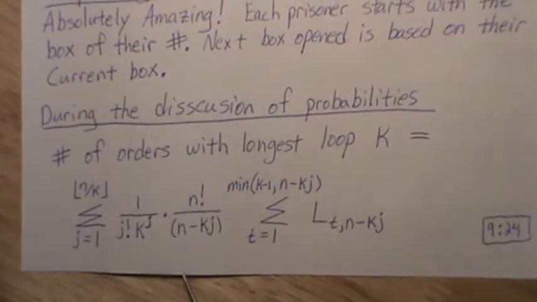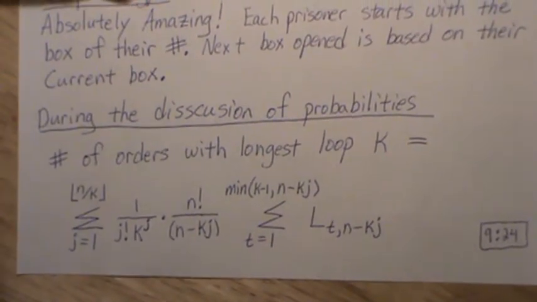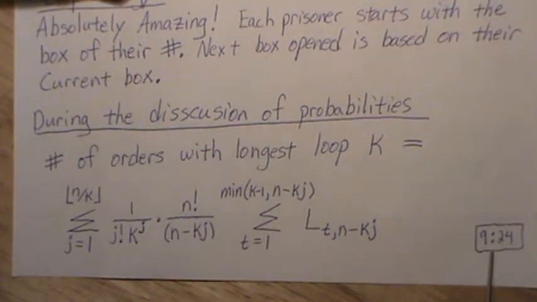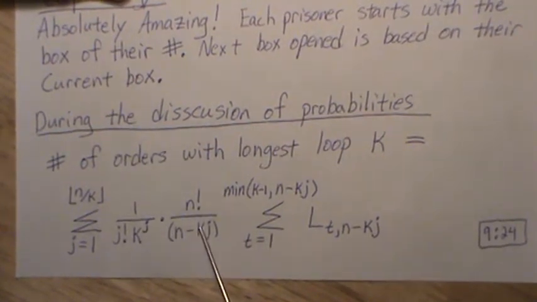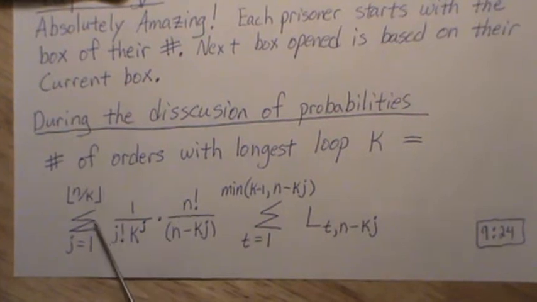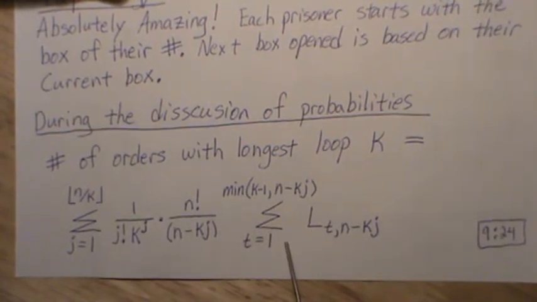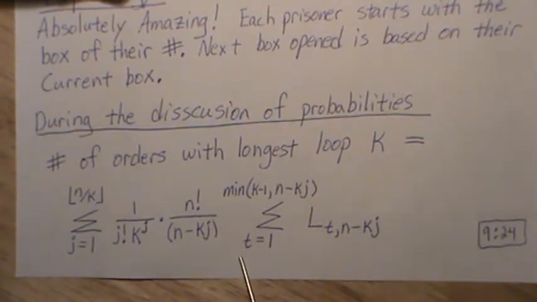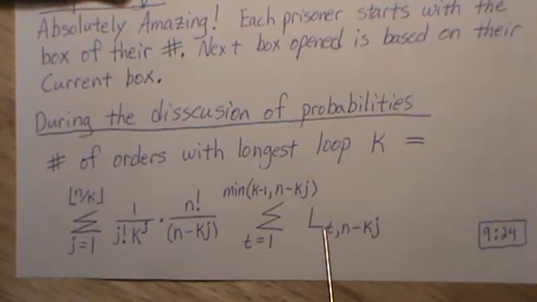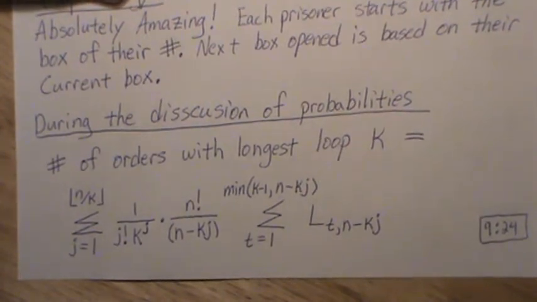Now, this is the formula that they flash at right around 9 minutes 24 seconds. And if you were to ask me, is this formula correct? I would say, I don't know enough about the notation here to know whether it's correct or not. And if you were to force me to say, is it correct or not, I would say, I don't think it is.